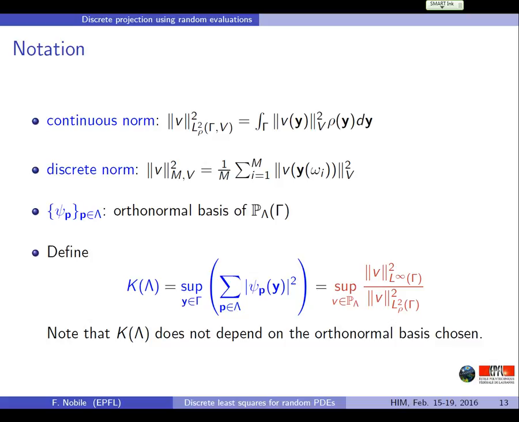This quantity depends on the index set that we have chosen, and can be described in two equivalent ways. It's the supremum of the sum of the maximum of those polynomials over all the p in the index set, and it's equivalent to the maximum ratio on the polynomial space between the L infinity norm of the polynomial versus the L2 norm.